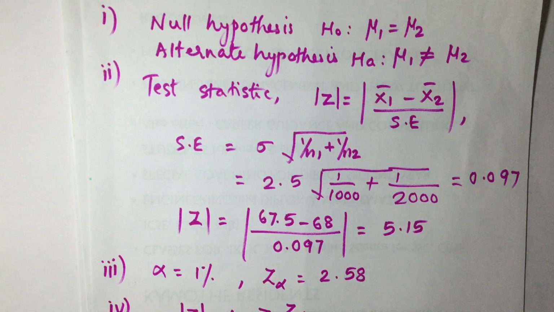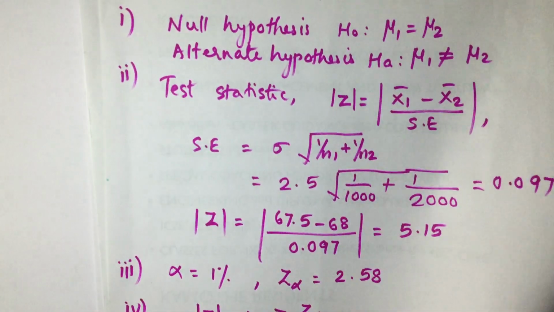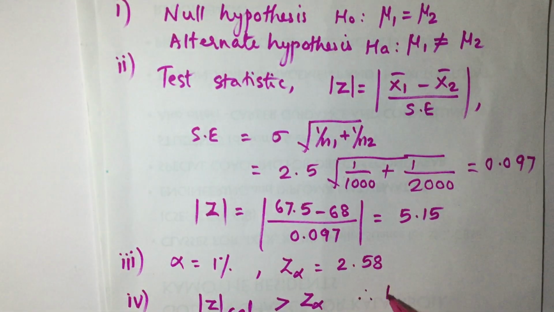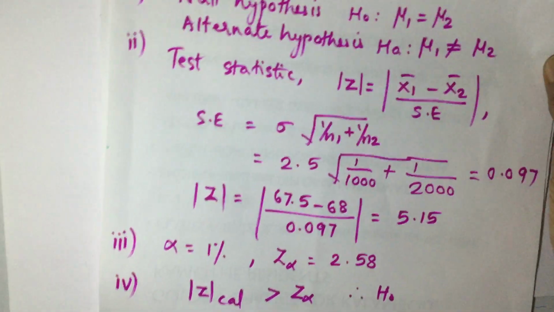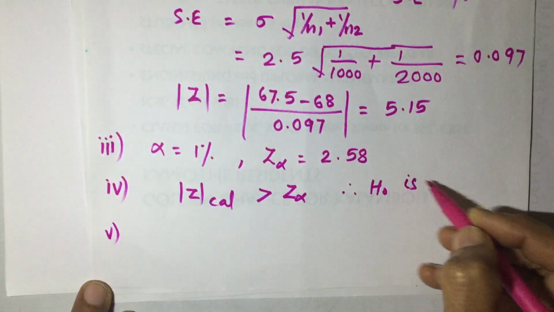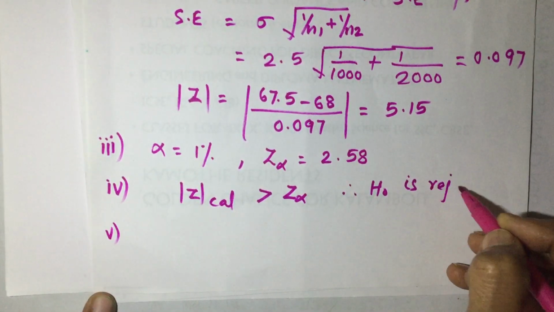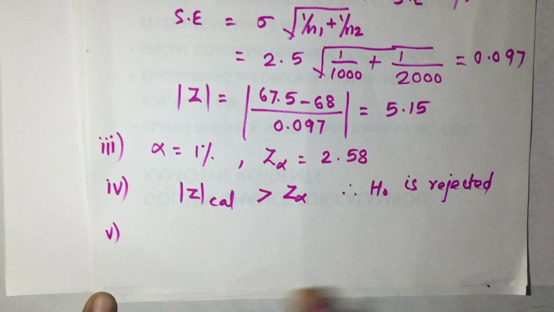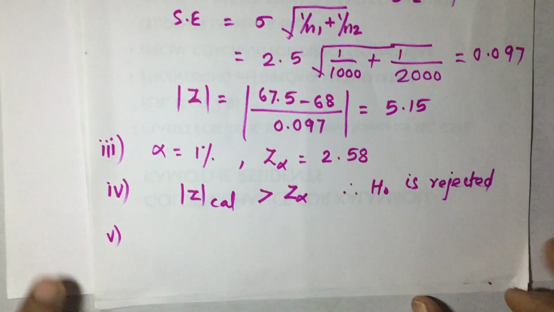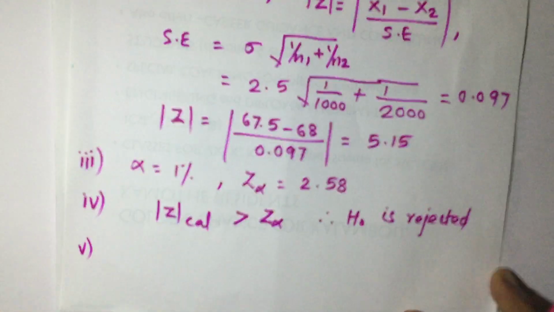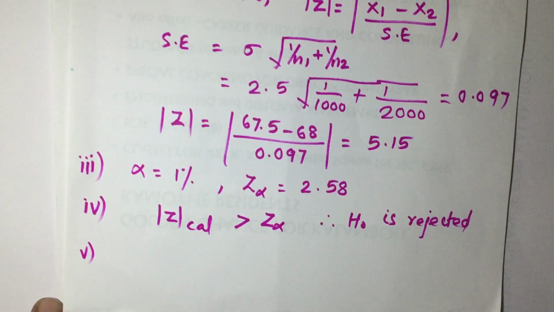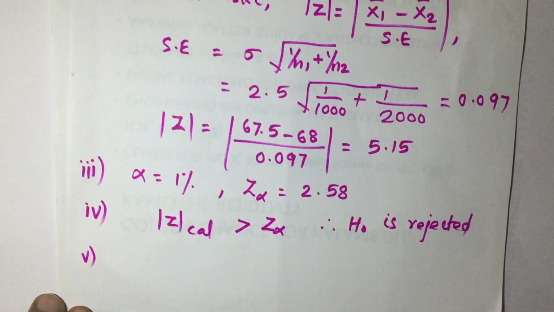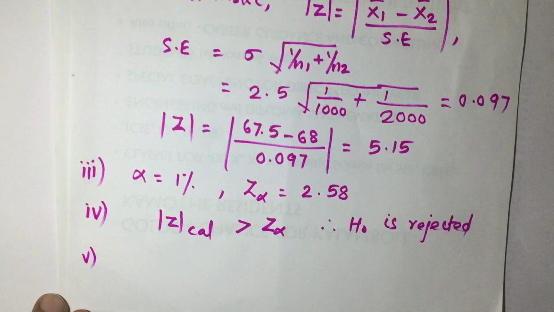So what will be the decision or conclusion? Therefore here H0 is rejected, because the calculated value is more than the table value. Hence H0 is rejected. H0 we had taken as the means are equal, so it is rejected, meaning the means are not equal.